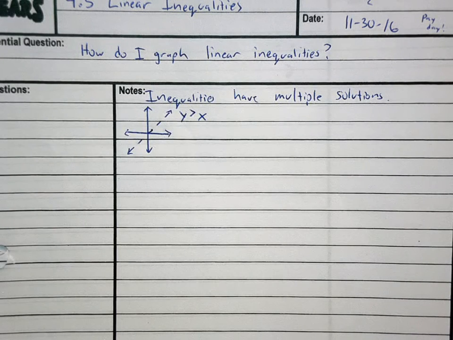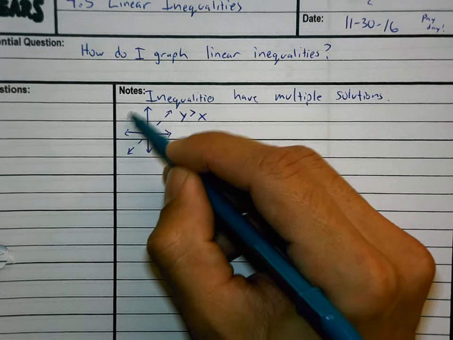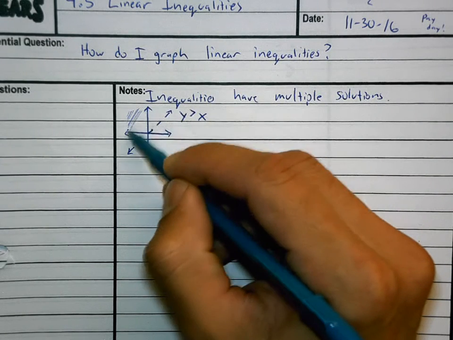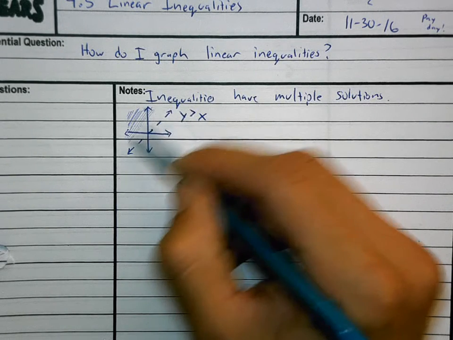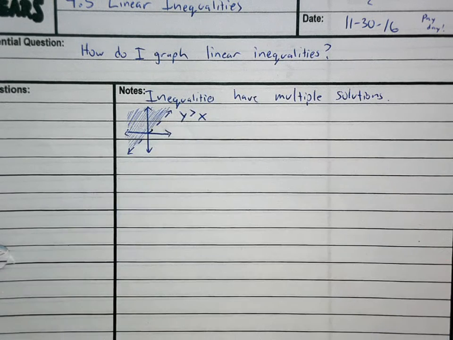It's a dotted line that goes diagonal right through the middle. And the answers are on this side of the line. So we shade it.